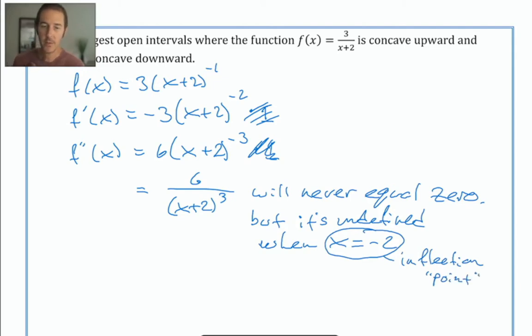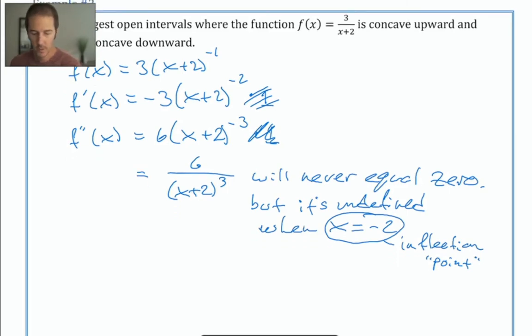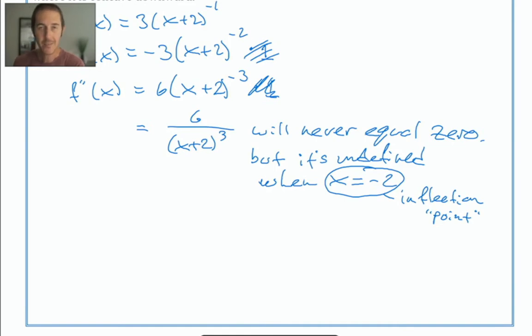It's undefined when x equals negative 2 because that would cause division by 0. So that's probably our inflection point. We already knew that, but now we've confirmed it. So let's test an x value that's to the left of x equals negative 2, and we will test an x value that's to the right of x equals negative 2.